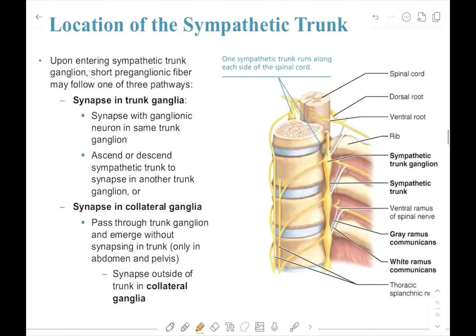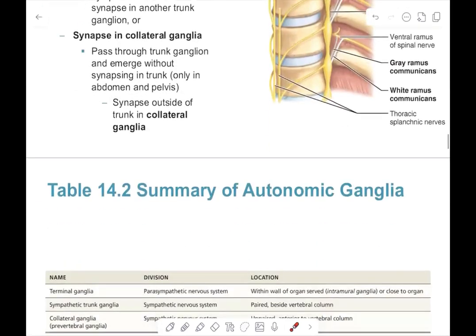This is showing the sympathetic trunk ganglia, and I want you to notice how close it is to the spinal cord. So again, that means that the preganglionic nerve, which is basically this part right here, the short part, is going to be very short compared to the postganglionic neuron. The opposite of the parasympathetic division.